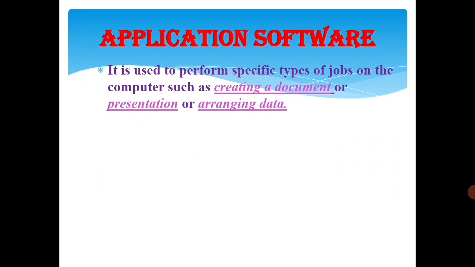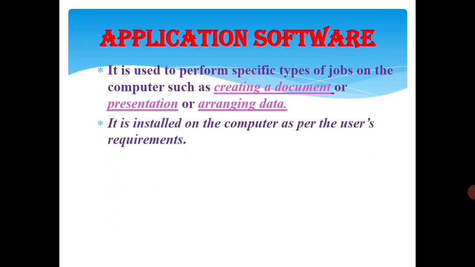Some specific job, for example, if you are working in Paint, that is only for the drawing job, a specific job. Using that software, you can draw. So that specific type of job on a computer is called application software.